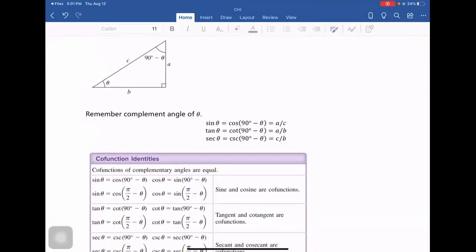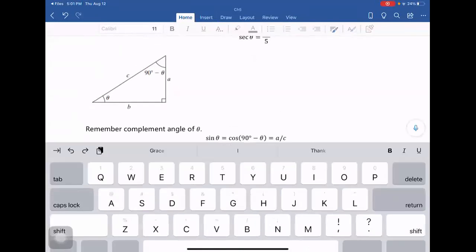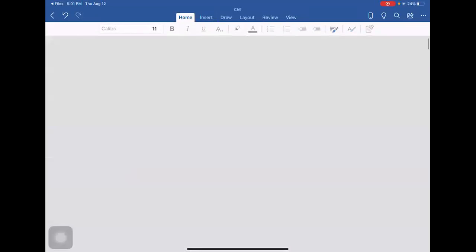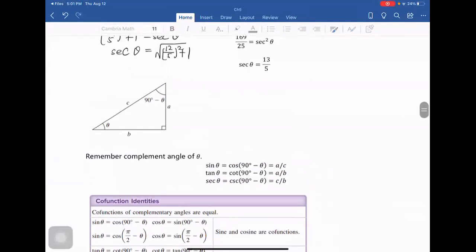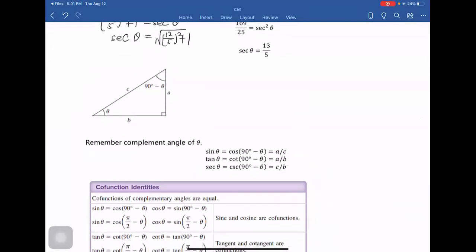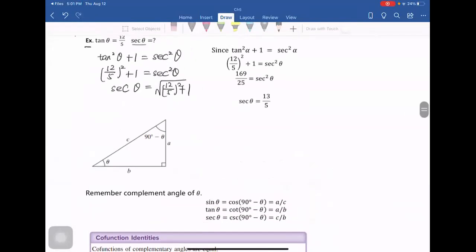Remember the complement angle of theta. We have learned that if alpha plus beta equals 90 degrees, then alpha and beta are complementary.